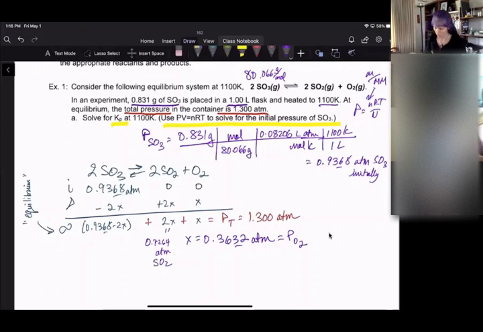SO2. Okay, so plugging in that X, we get our concentrations of each species in the reaction. And then we're going to calculate our Kp.